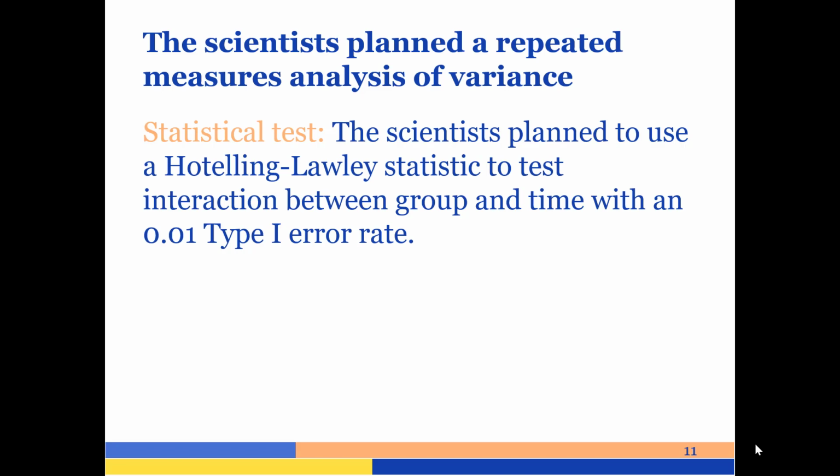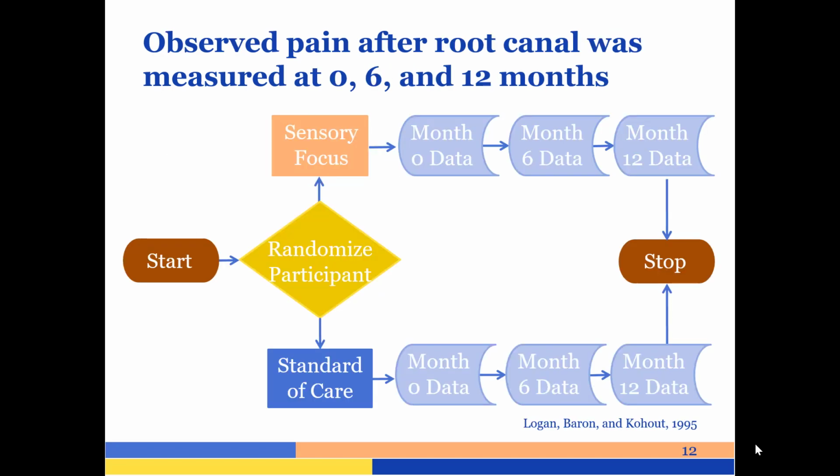Researchers used a 1% type 1 error rate, so alpha was set to 0.01. Here's the flowchart representing how this study was run. There's a randomization of dental patients into the sensory focus group or the standard of care group. Then measurements are taken at baseline, 6 months, and 12 months, concluding the study.